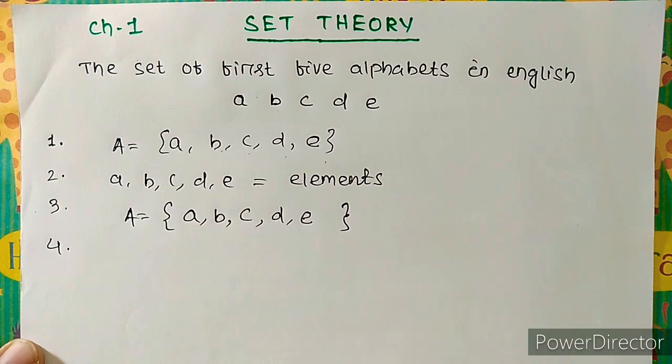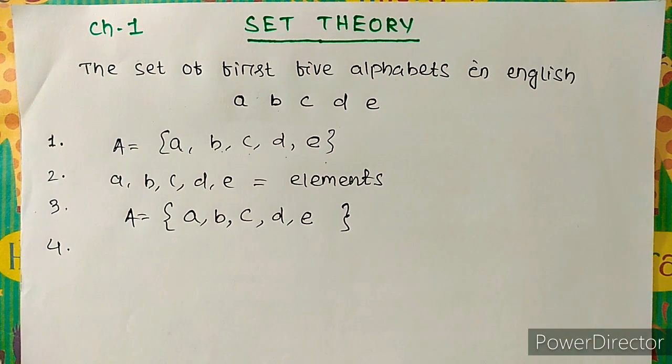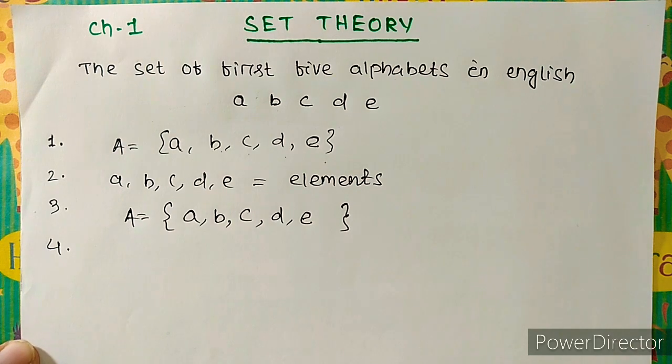The fourth one is that if the positions of the elements of a set are interchanged, the set doesn't change. What we have to do is change the position of the elements.